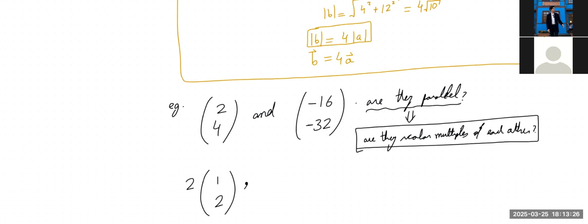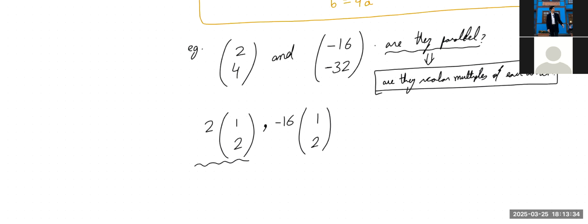Because when you take out a minus 16 from this, what are you left with? Minus 16 times minus 1 is minus 16, and minus 16 times 2 is minus 32, which means that this guy and this guy, they're just different scalar multiples of the same vector, right? So you take 1, 2, and you make it double as long, you will get the first vector. If you make it minus 16 times as long, you will get this vector. So they're simply same directions, but just different length.